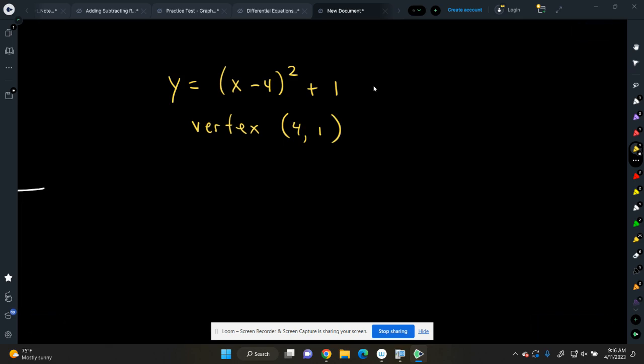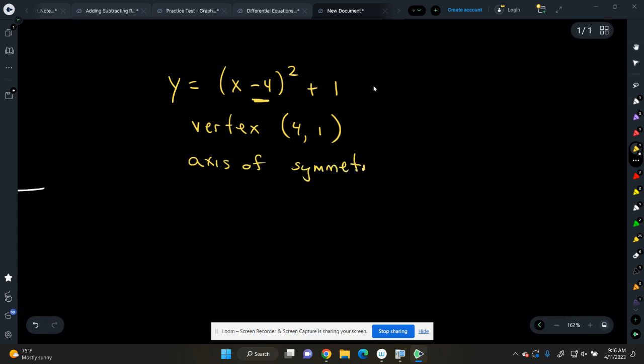We always take the opposite of the number that's inside the parentheses, comma 1. Okay. What is the axis of symmetry? Oh, x equals 4. X equals the x value. Yes. 4.